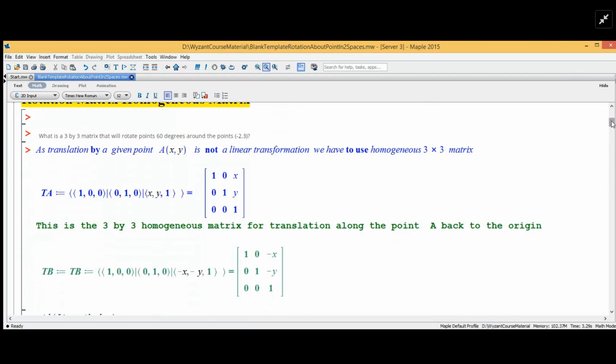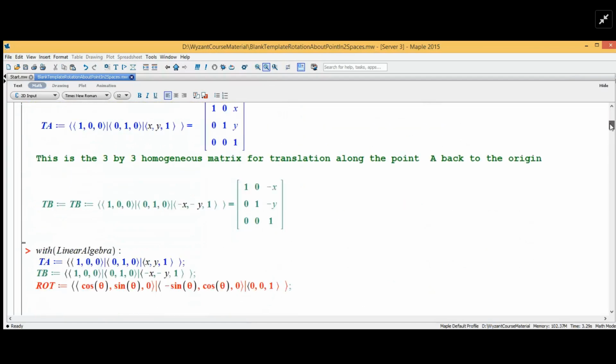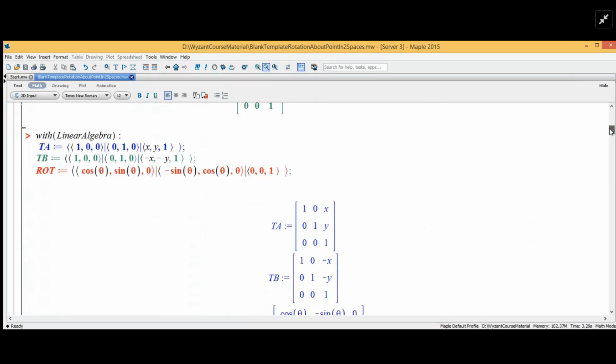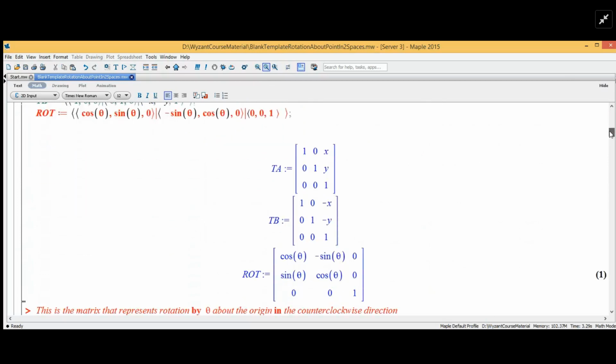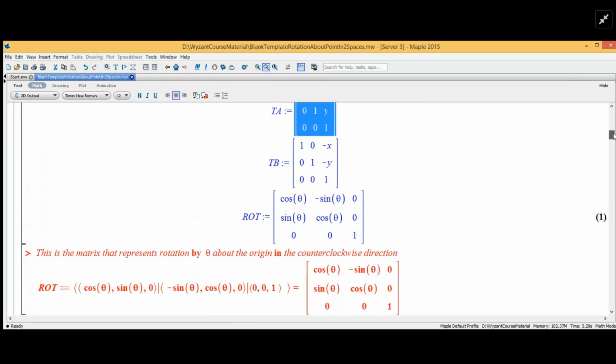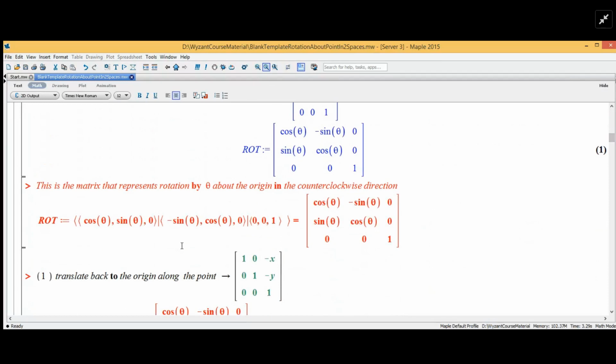And then, since we're dealing with 3 by 3, we have to represent the rotation around the origin by 60 degrees. So this here is a matrix that represents rotation by theta about the origin in the counterclockwise direction. That would be cosine theta, minus sine theta, 0; sine theta, cosine theta, 0; 0, 0, 1.